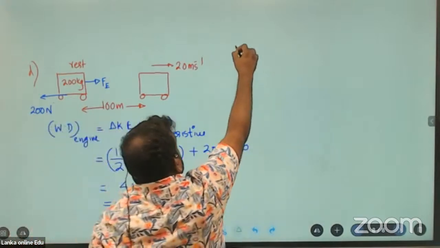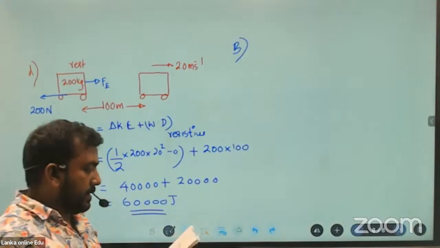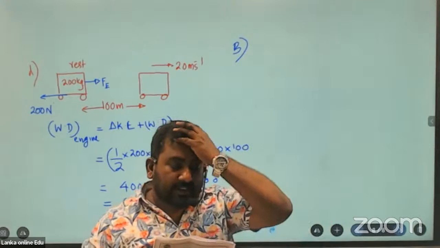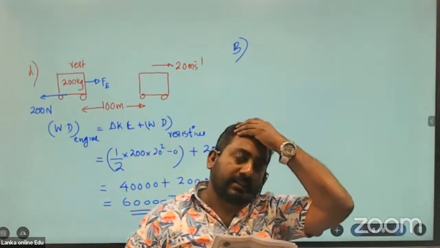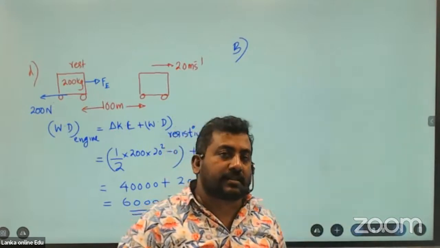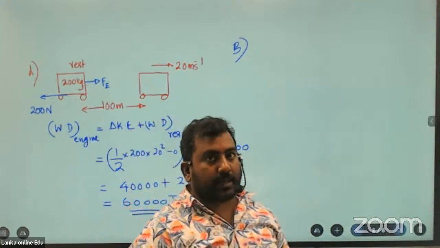Part B. State the law of conservation of linear momentum. When there is no external force acting on the system, the total linear momentum is conserved. That you must write.